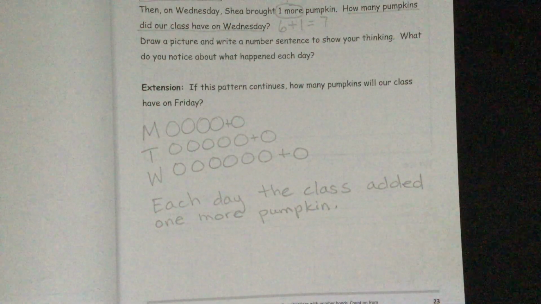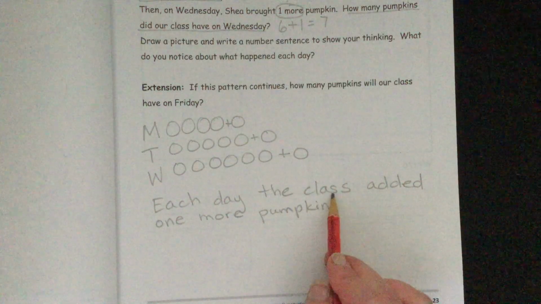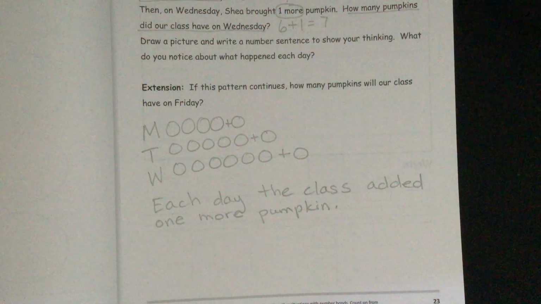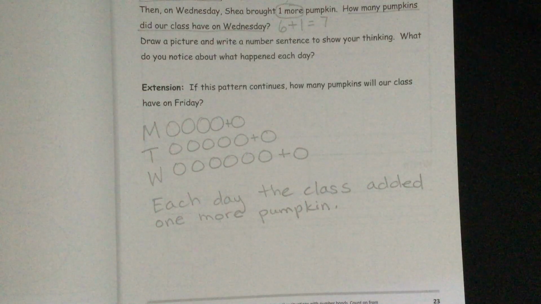Okay, make sure you can see that. There's my sentence: each day the class added one more pumpkin.